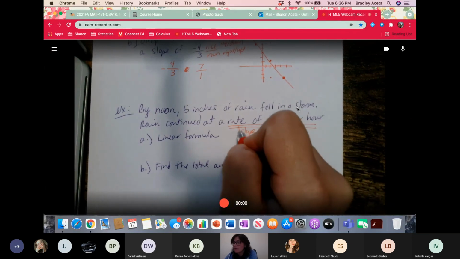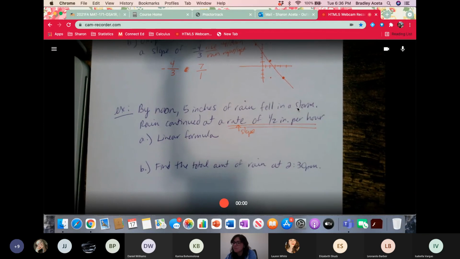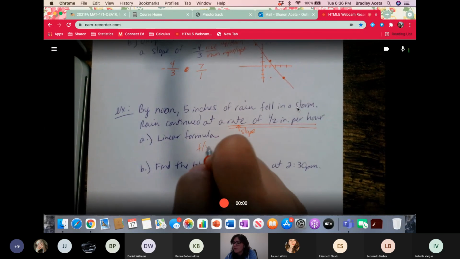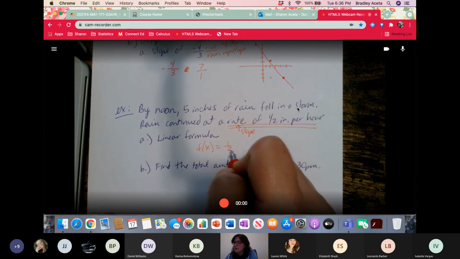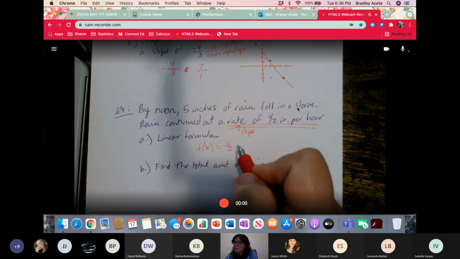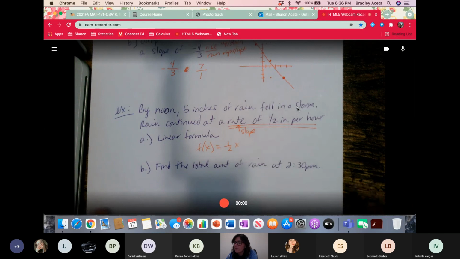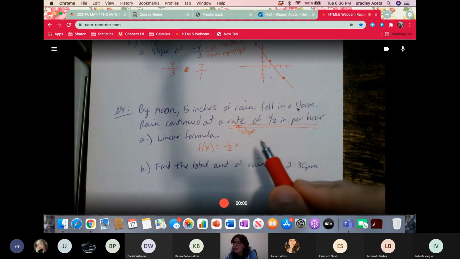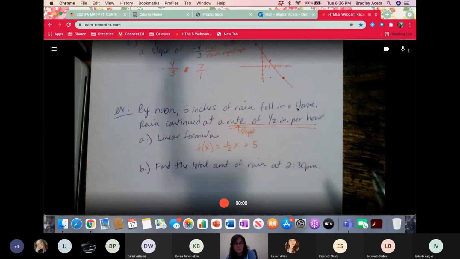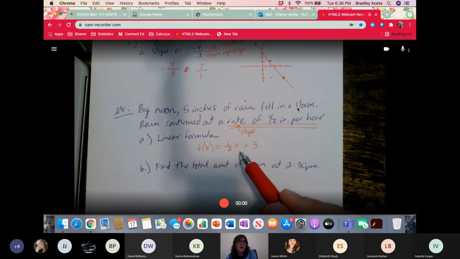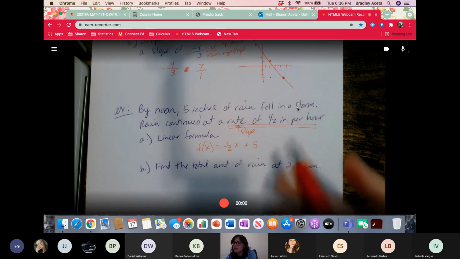Slope and rate are synonymous. So if I'm going to write a linear formula, I would say f of x equals 1/2 inch of rain per hour, and I originally started with 5 inches. Now, again, I know this is at noontime, so that's where our time is starting. This would be my linear formula, 1/2 times x plus 5, which was my initial amount.